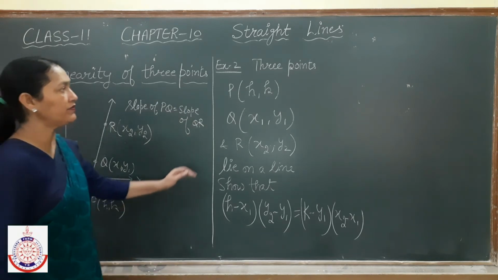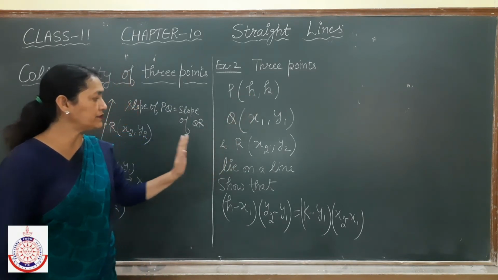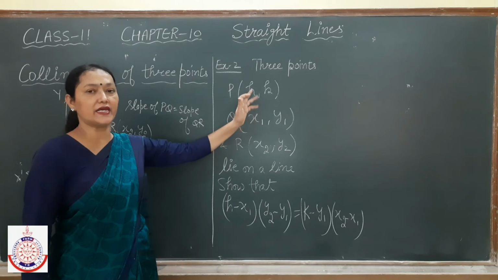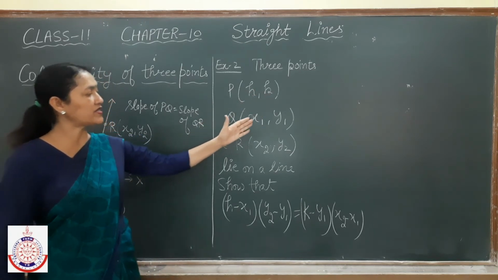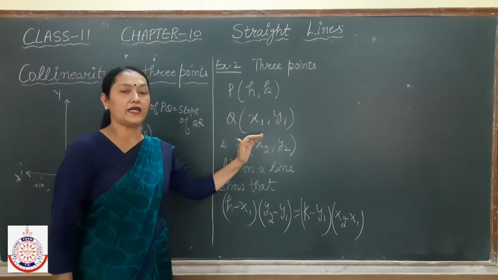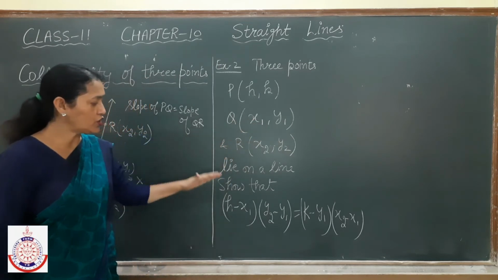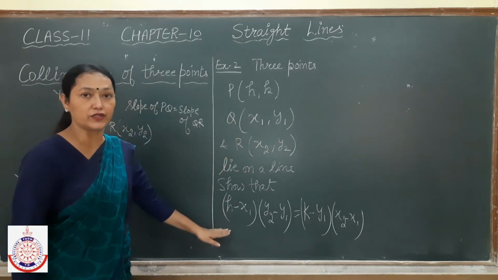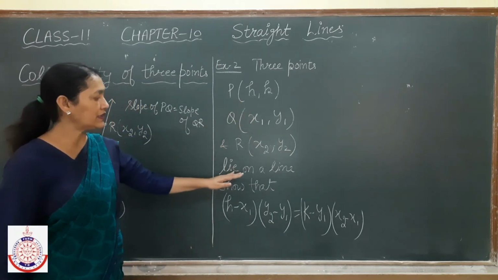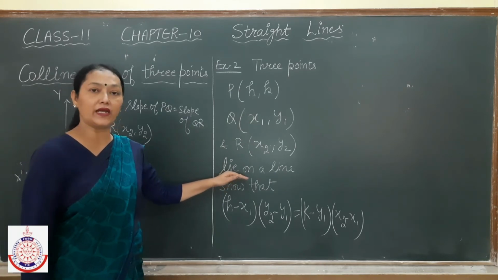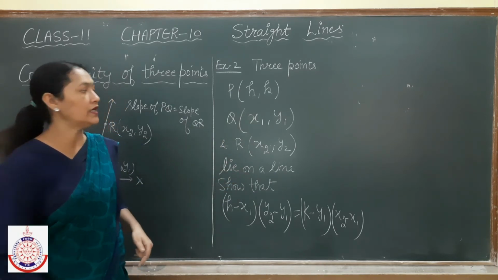I've taken an example where 3 points are given, P, Q, R. P is having coordinates h, k, Q is having coordinates x1, y1, R is having x2, y2, and we have to prove this relation. First of all, they are saying that the points are lying on the line, that means the points are collinear.